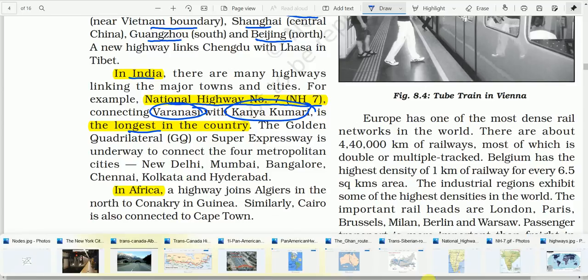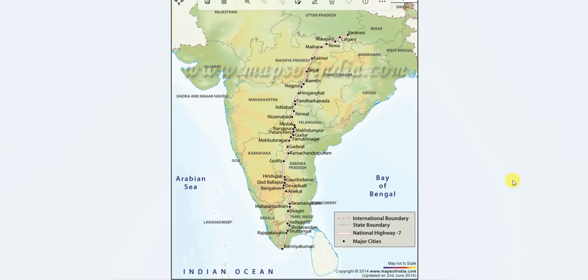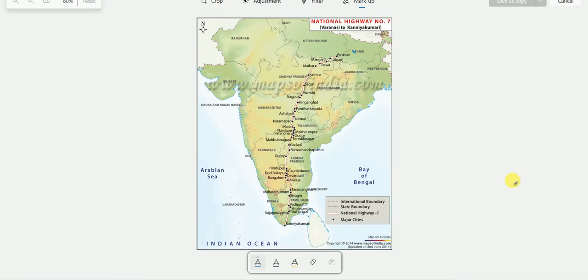And here we have this map showing National Highway number 7. See, Varanasi is here, Kanyakumari is here, and so this is National Highway number 7. So this is the longest national highway in India.